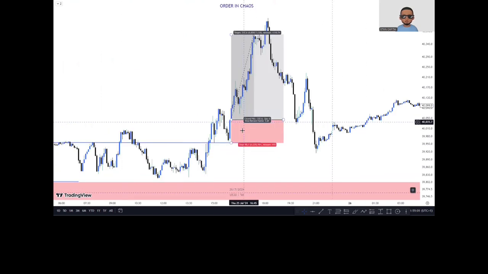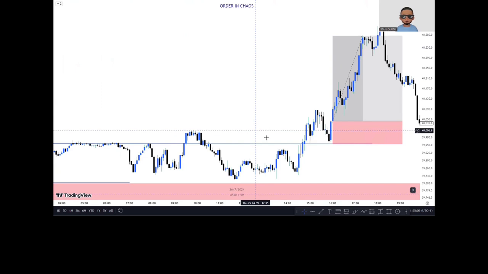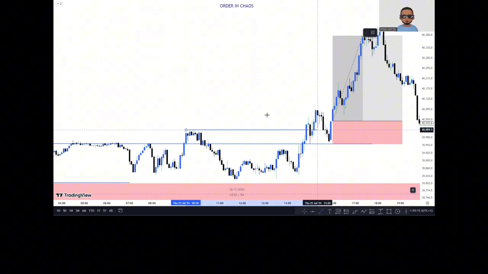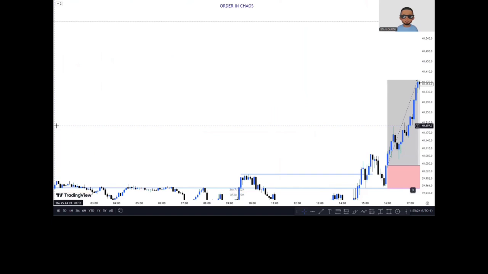And all I need is my 3 candle pattern. After market makes this higher high, I need 2 or 3 bearish candles. That's all I need. That's my entry.